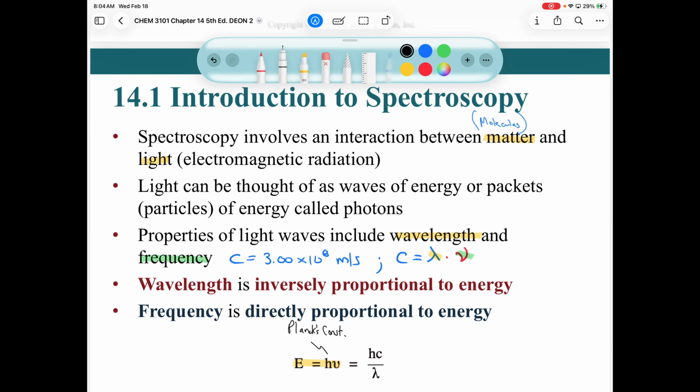It tells us that energy is directly proportional to frequency. Whereas if you plug in c over lambda for your frequency, since nu is equal to c over lambda, you see that energy is inversely proportional to wavelength. So what does that mean? Short wavelength, high energy. High frequency, high energy. That's the way we want to think about light.